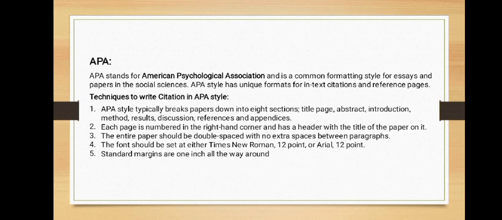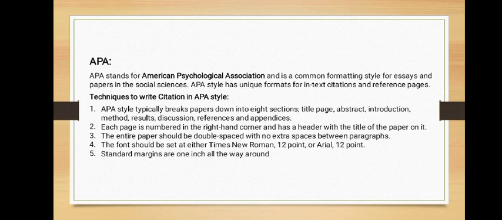APA. APA stands for American Psychological Association and is a common formatting style for essays and papers in the social sciences. APA style has a unique format for in-text citations and reference pages. Techniques to write citation in APA style. APA style typically breaks a paper down into 8 sections: title page, abstract, introduction, method, results, discussion, references, and appendices.